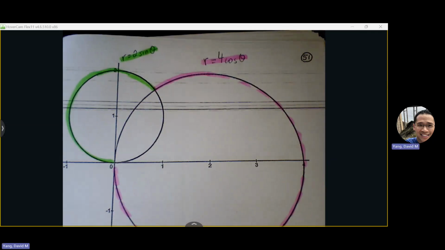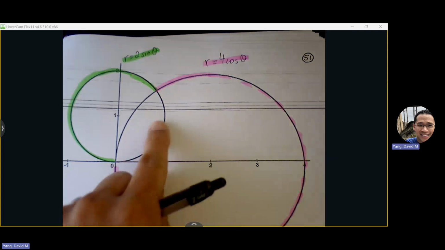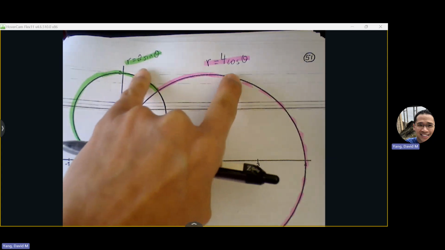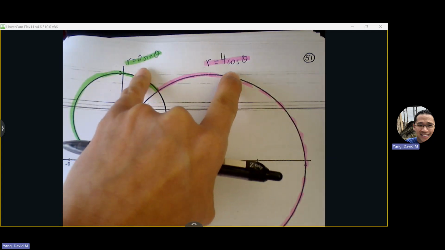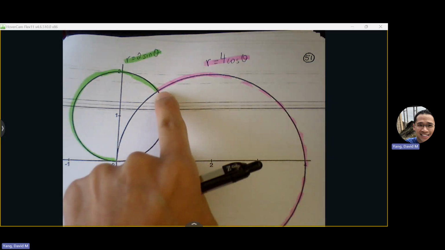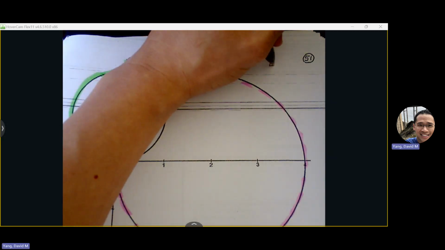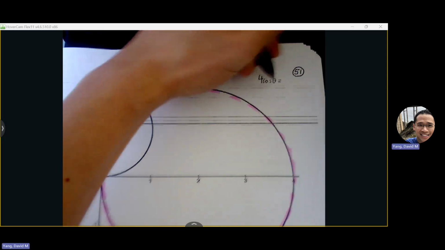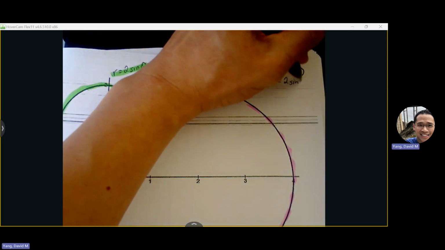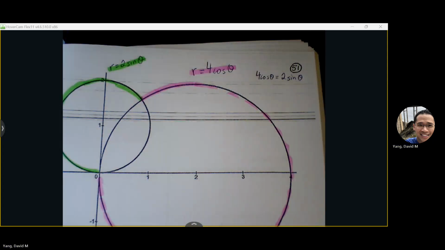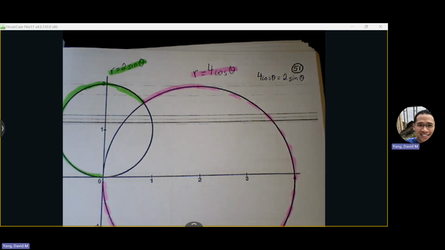Let me start off with the point of intersection. We can do this algebraically. So I'm going to set these equal to each other and then look for that intersection algebraically. So let's do this: 4 cosine theta is equal to 2 sine theta. I have an easier time thinking about cosine and sine if I convert it in terms of tangent.